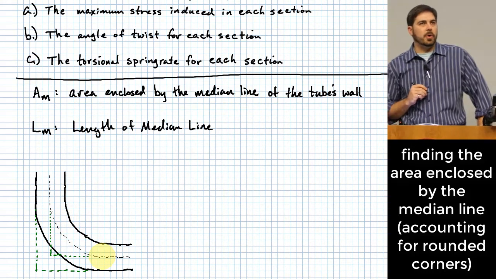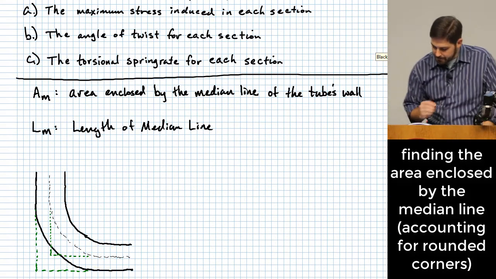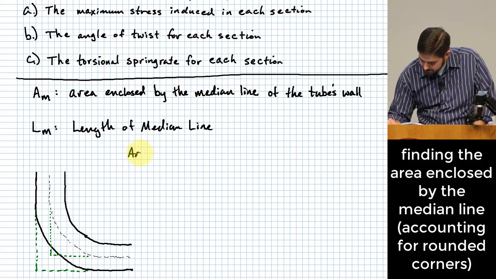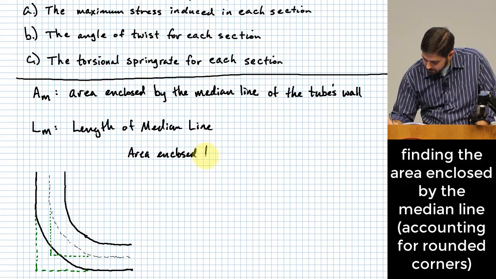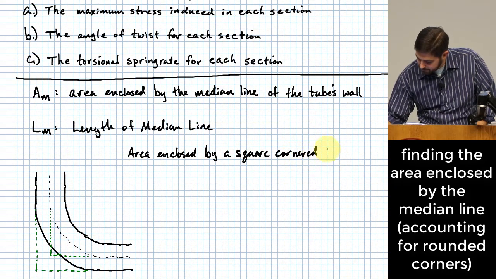What would our equation be if we wanted to just handle the area enclosed? So we're going to do an area enclosed by a square-cornered section first.